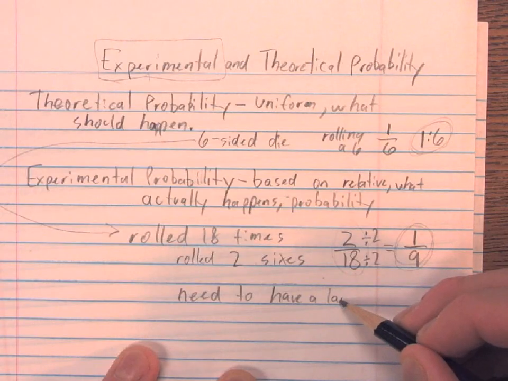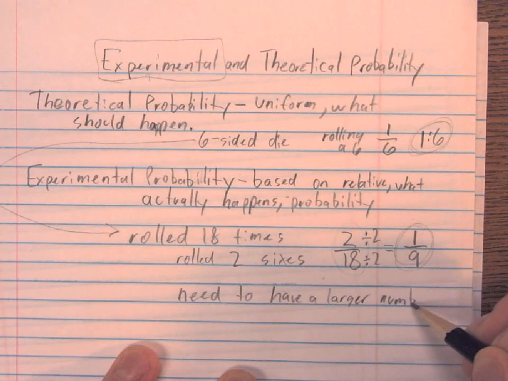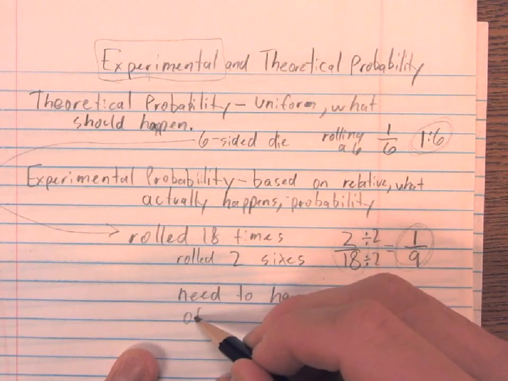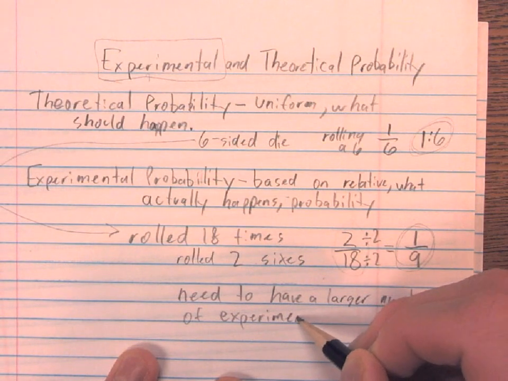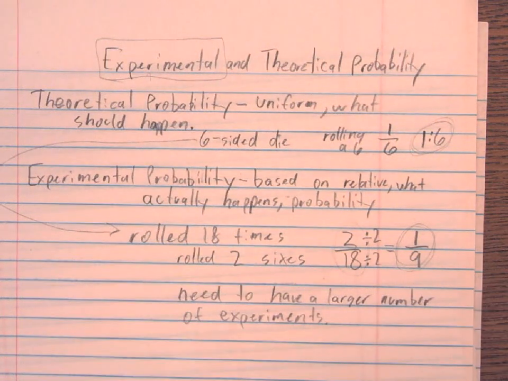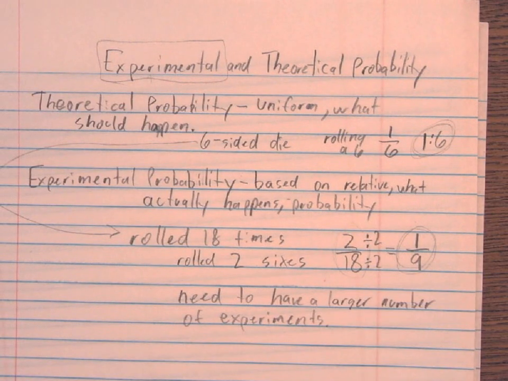We need to have a larger number of experiments. There needs to be more rolls in order to fully prove what's happened here. If we rolled the die maybe 100 times, maybe we'd get closer to 1 out of 6.